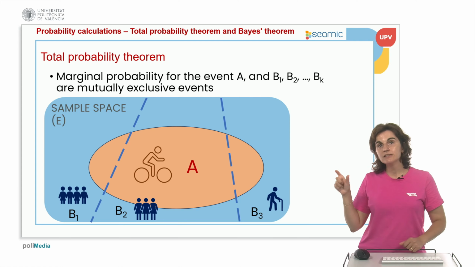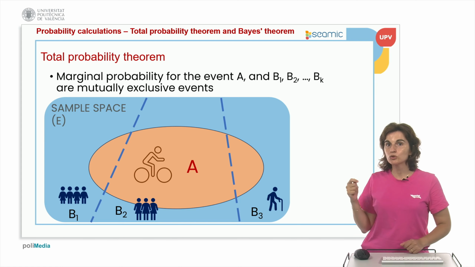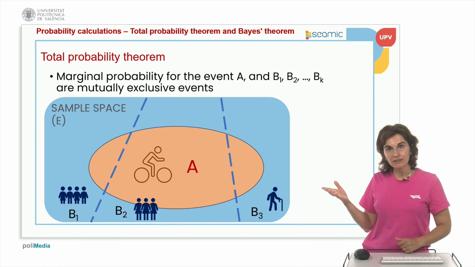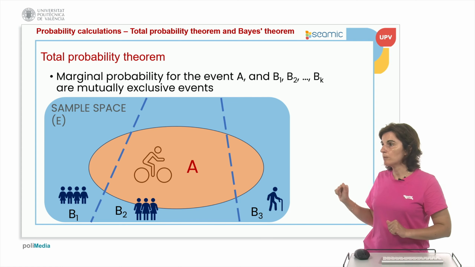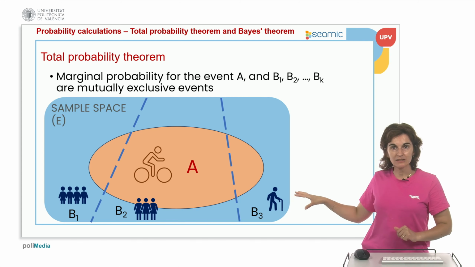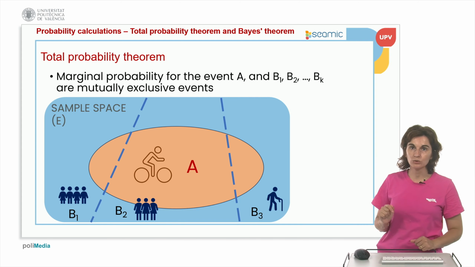So the probability to select randomly someone who usually rides a bike may depend on the population where we are extracting the sample. And this is the situation that we are going to study.